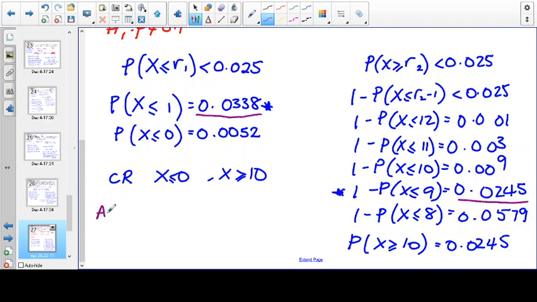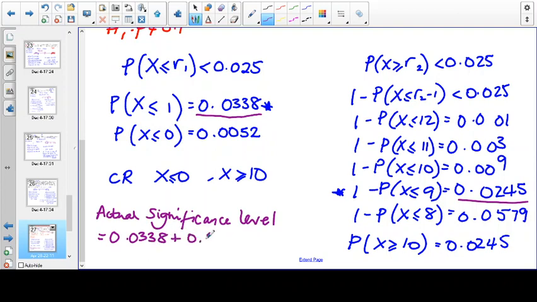So the actual significance level, which is not 5%, is going to be those two things added together, which is going to go over 5%.